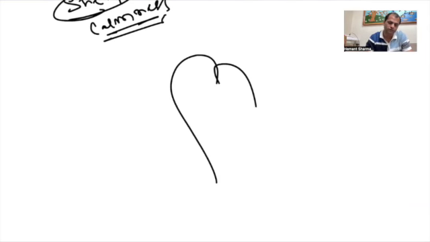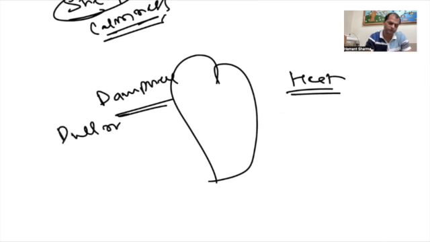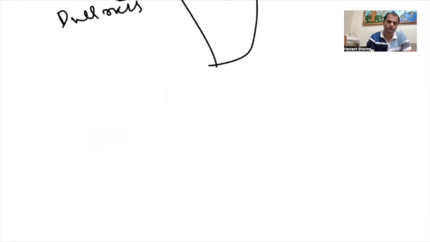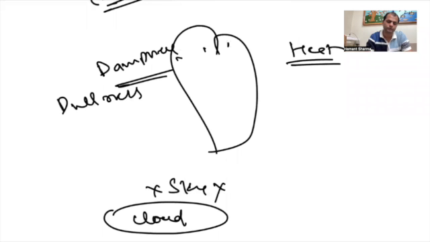But suppose the heart is filled with dampness and heat. Dampness will create dullness. Like if there are clouds, we can't see the sky. अगर cloud होंगे हम बादल नहीं देख पाते. In the same way, if there is dampness in the heart, then the person does not have clear perception.